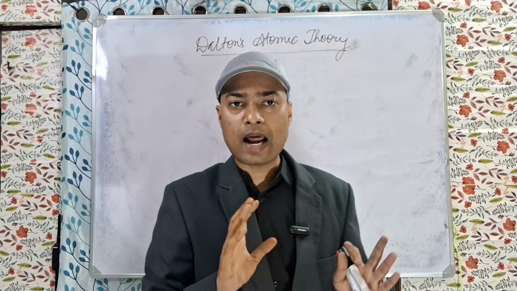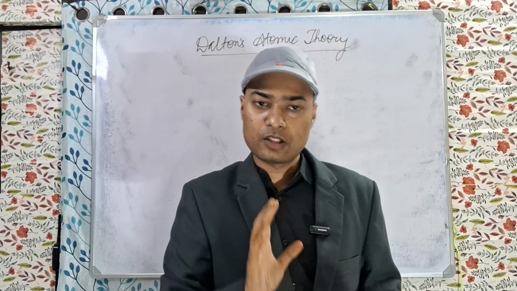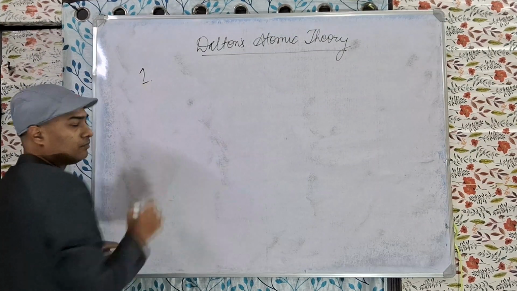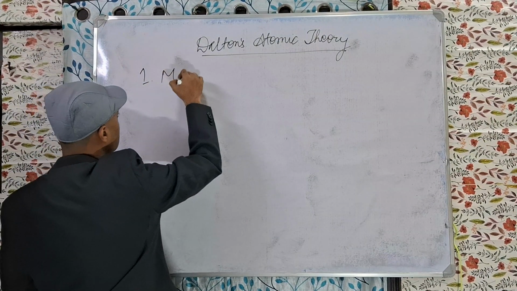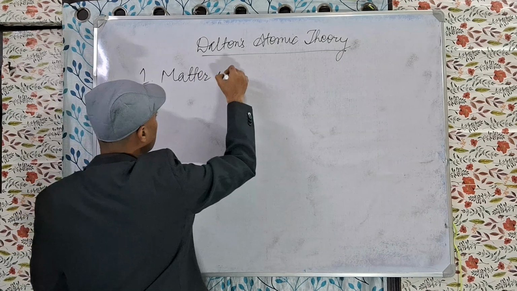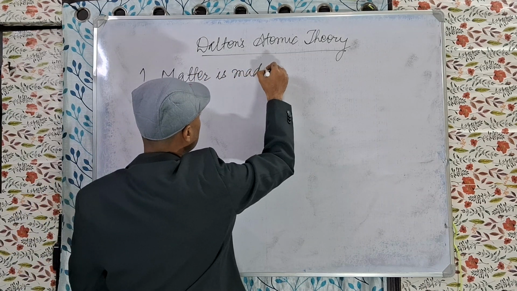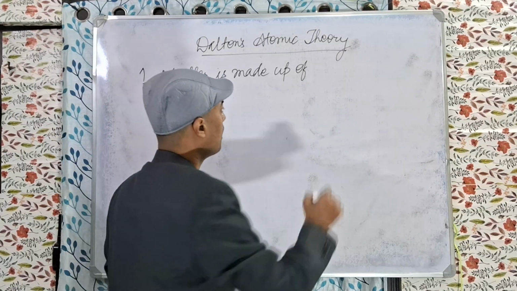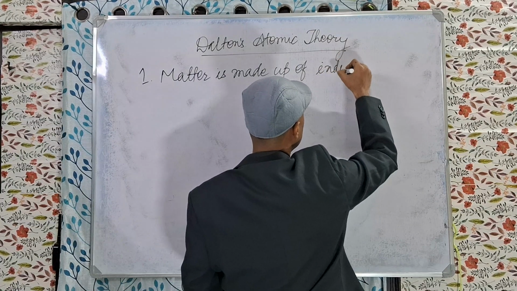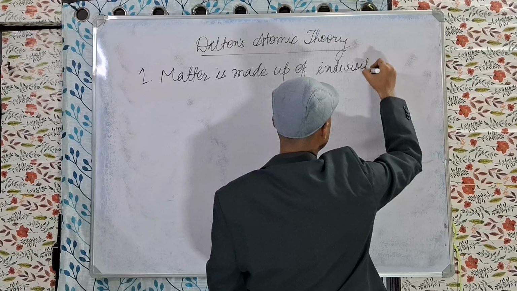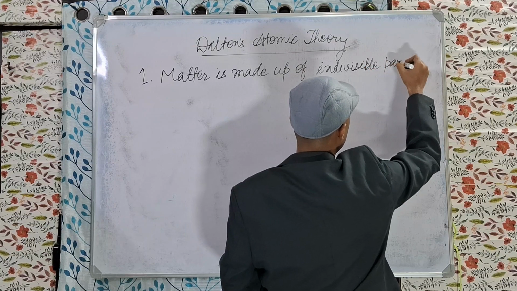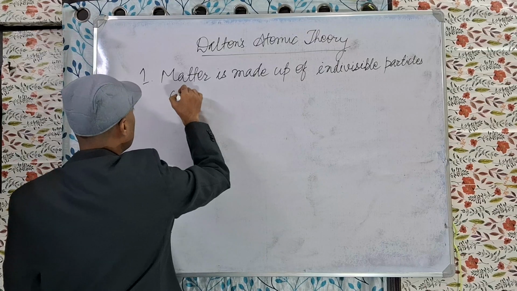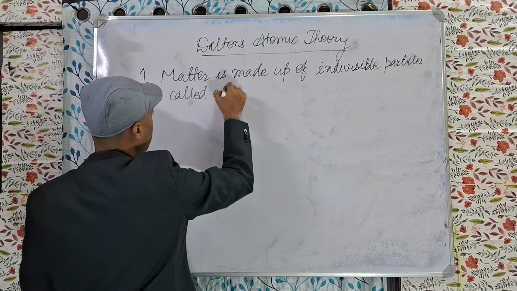Here barium and krypton are basically atoms of different elements. Okay, so let us write Dalton's atomic theory. So the first one is: matter is made up of indivisible particles called atoms.